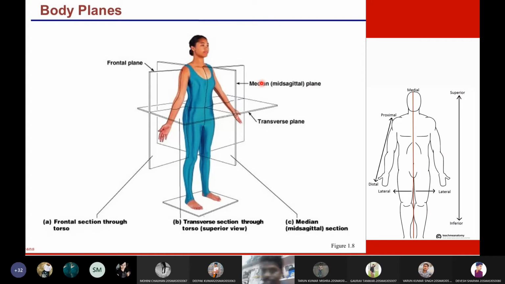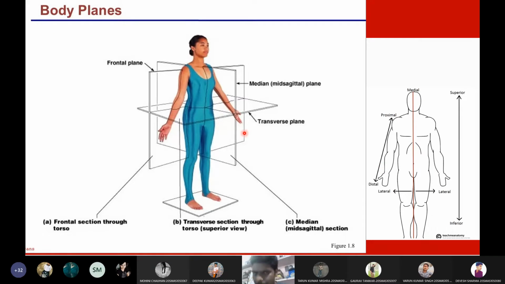Now rather than cutting in the center line, if you are cutting horizontally, then this plane is called the transverse plane. So vertical is called the median plane, whereas horizontal is called the transverse plane. So far I have told you two planes.